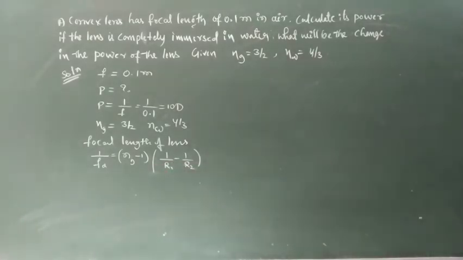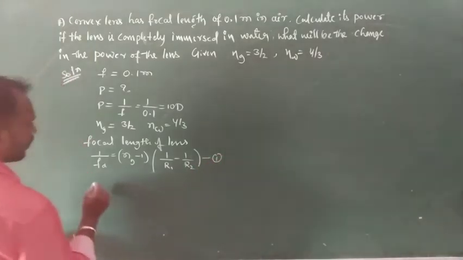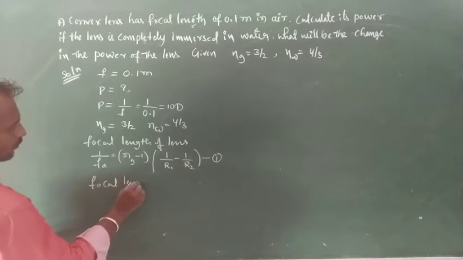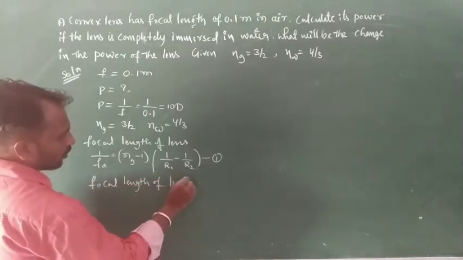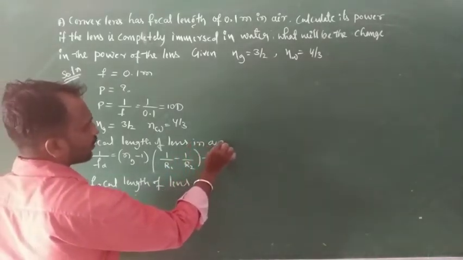Okay, so this equation we consider as equation 1, for the focal length of the lens in air.